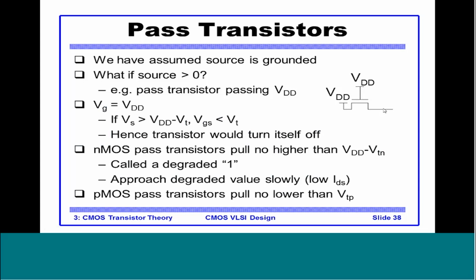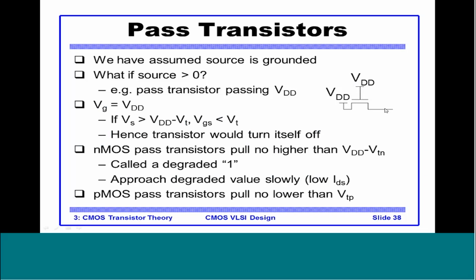I'll repeat, if the voltage on source goes beyond VDD minus VT, the VGS will stop being greater than VT, the threshold voltage, and the transistor will enter cutoff region. This is why we say that the voltage here at the source cannot be greater than VDD minus VT.